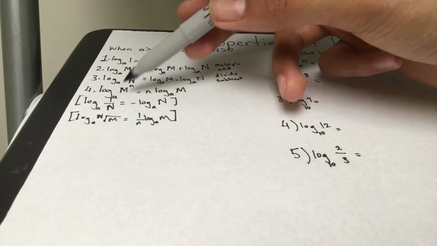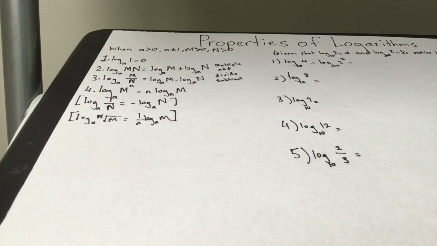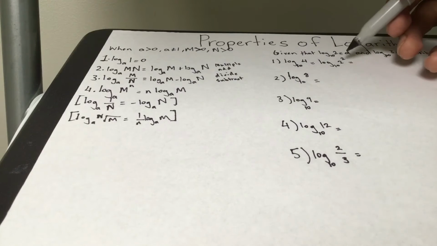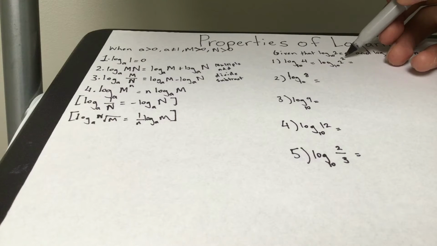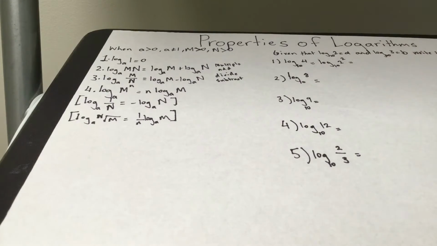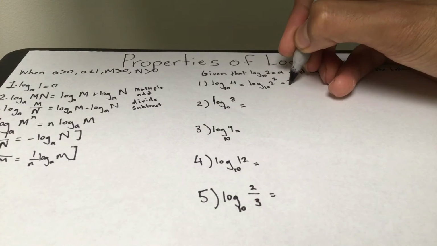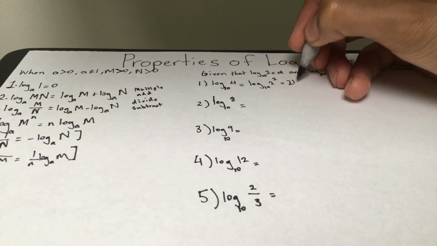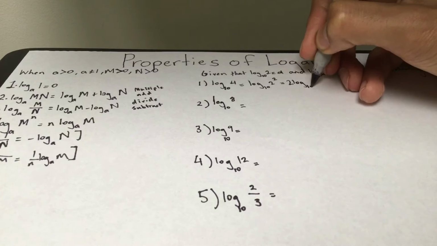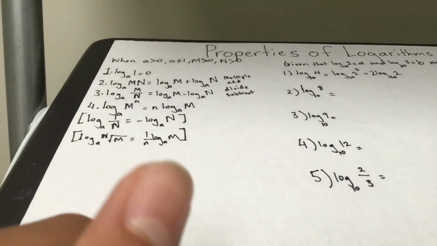It states log a of m to the power of n, lowercase. It's the same thing. This time, 2, what's being raised by, we take to the front. So it would be 2 log 10 2. You're just following the rule.